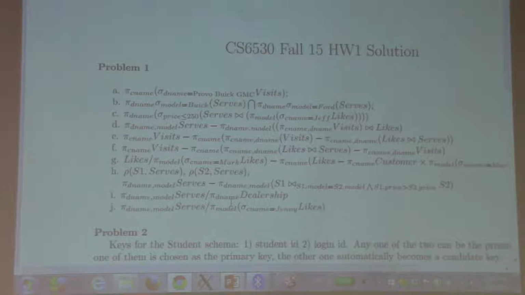So those customers who didn't visit any of them, that will be gone. But this particular claim is wrong. It's not didn't visit any of them.